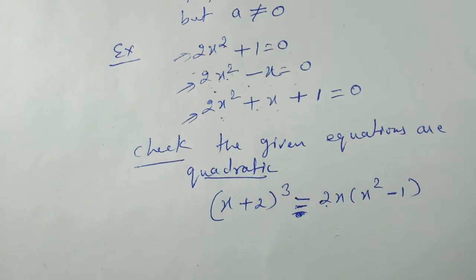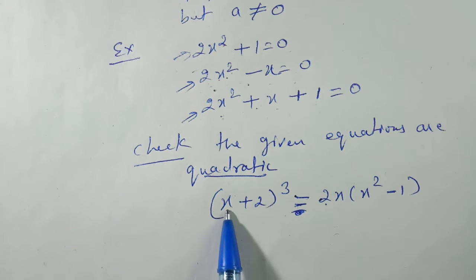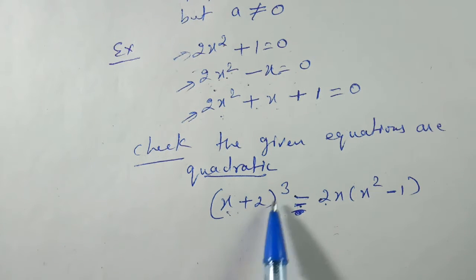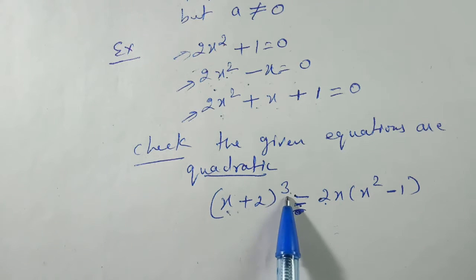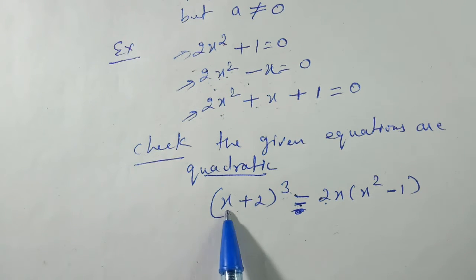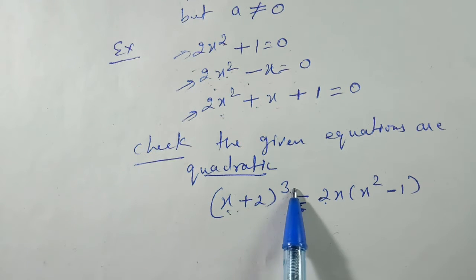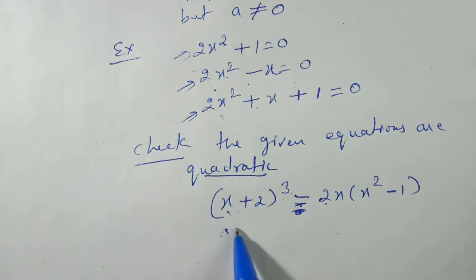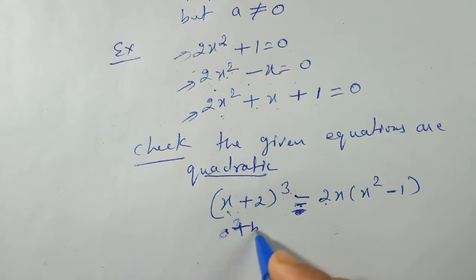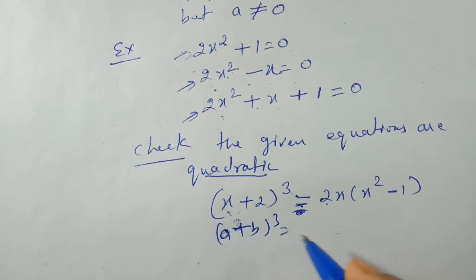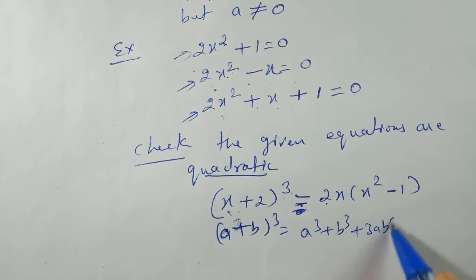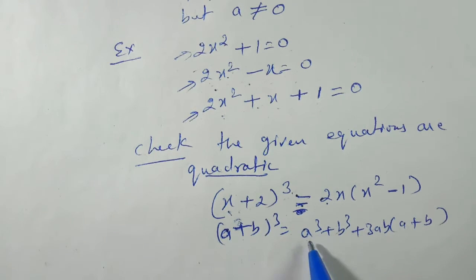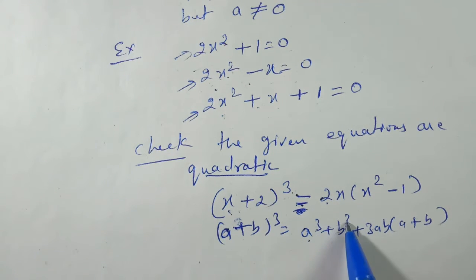Here you can easily observe that on the left hand side we have x plus 2 whole cube. So we have to use the identity of a plus b whole cube, and we know that when we use it, a plus b whole cube is equal to a cube plus b cube plus 3ab into a plus b. It means variables are in the power 3.